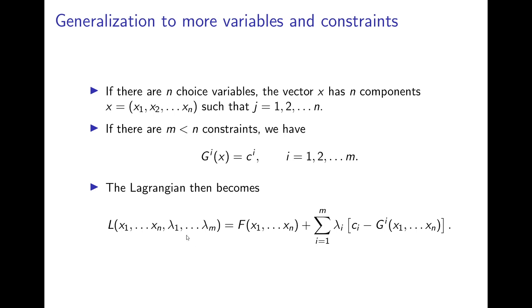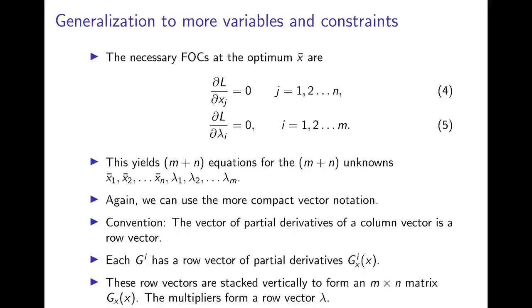And then the Lagrangian becomes a function of n choice variables and m Lagrange multipliers, which is then again the objective function here, plus now the sum over all i constraints, from i going from 1 to m, with m Lagrange multipliers, as we've written it down here. In this case, then, the necessary first order conditions at the optimum x bar would be that the derivative of the Lagrangian with respect to the j choice variables is equal to 0.